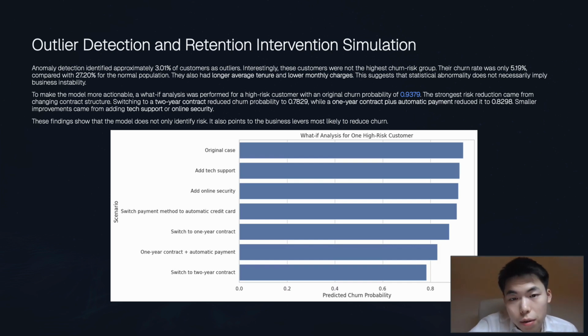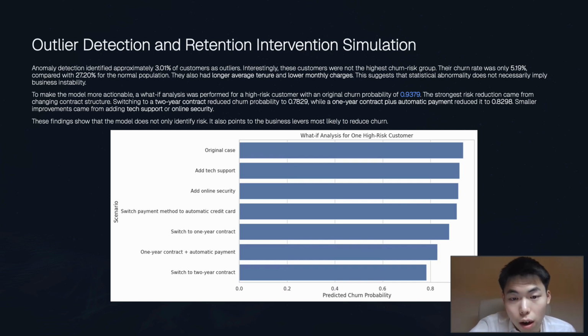This slide talks about anomaly detection and what-if analysis. First, I used anomaly detection to find the unusual customers. About 3% of the customers were flagged as outliers, and interestingly, these outliers were not the highest churn risk group. Their churn rate is actually much lower than the rest of the data set. So in this case, being unusual did not mean being unstable.